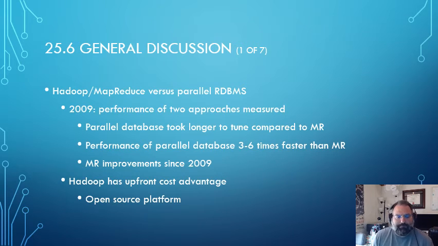Whenever you consider Hadoop versus parallel relational database management systems, there was a time, and that's probably what this is looking at, that the advantage initially was to databases, and that's what this is saying here. Then it shifted to a point where Hadoop caught up and actually exceeded.